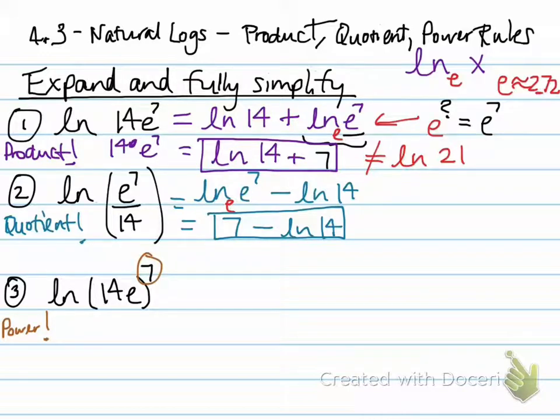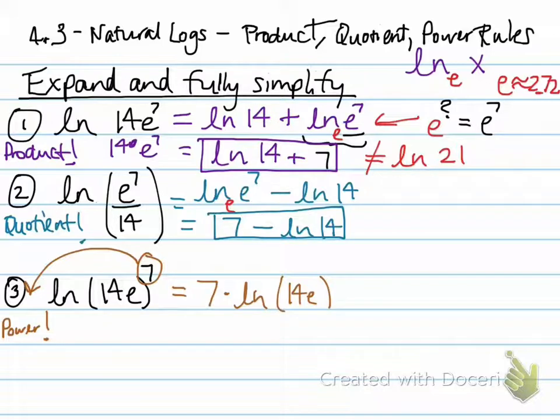So the first step with the power rule is you can bring that power forward as a coefficient of your logarithm, in this case your natural logarithm. So I'm going to bring the 7 forward. 7 times the natural log of 14 times e. Okay, so that's our first move, to bring that whole power of 7 forward.